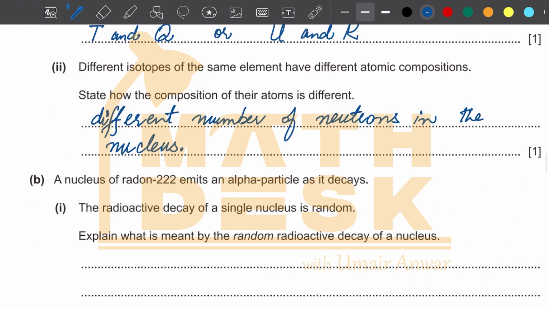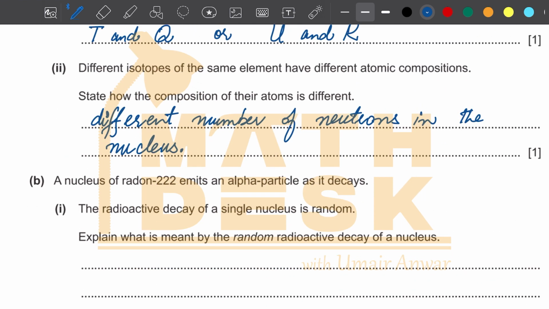A nucleus of radon 222 emits an alpha particle as it decays. The radioactive decay of a single nucleus is random. Explain what is meant by random radioactive decay of a nucleus.